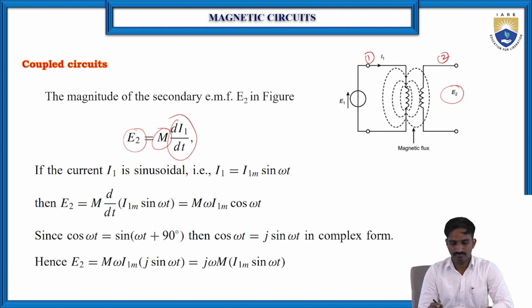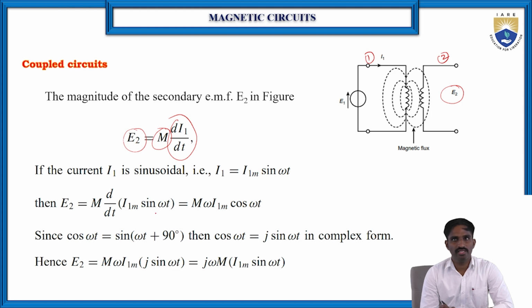Suppose I1 is a sinusoidal current, so I1 is equal to I1m sin omega t. Then E2 will become M into d by dt of I1m sin omega t.